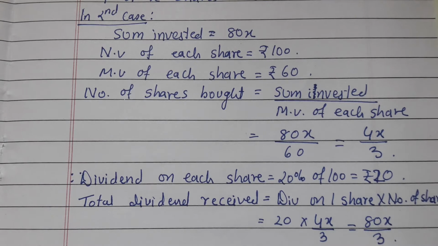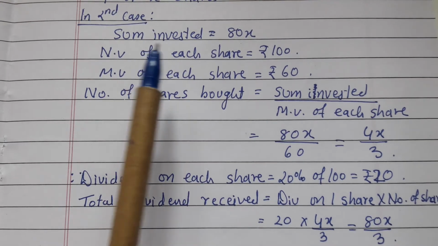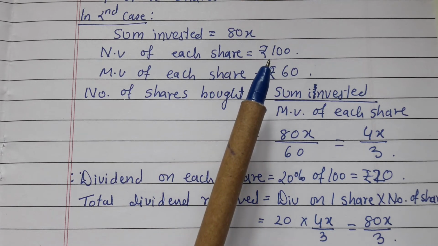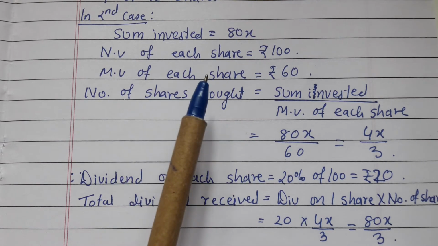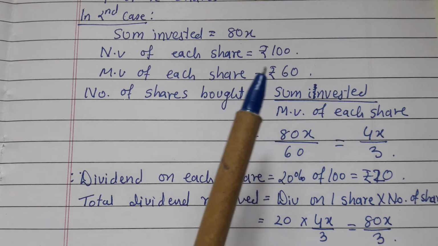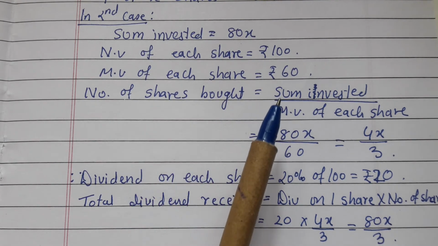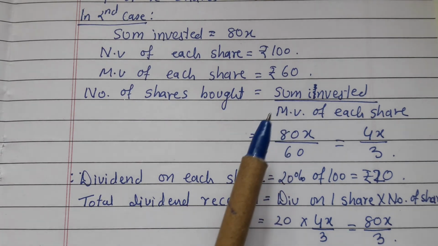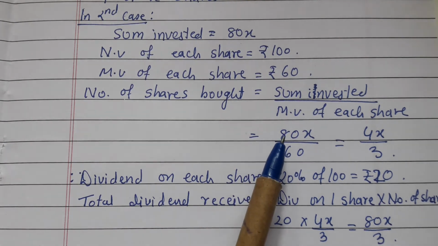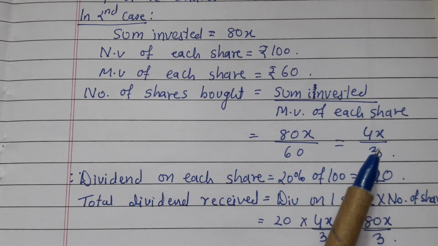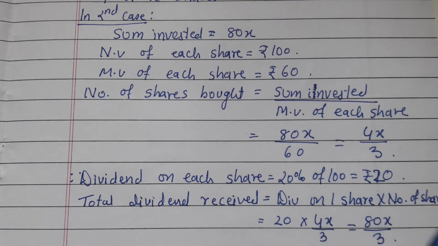In the second case, sum invested is 80x. NV of each share is rupees 100. Market value of each share is rupees 60. Therefore number of shares bought is sum invested upon MV of each share, that is 80x upon 60, equal to 4x upon 3.